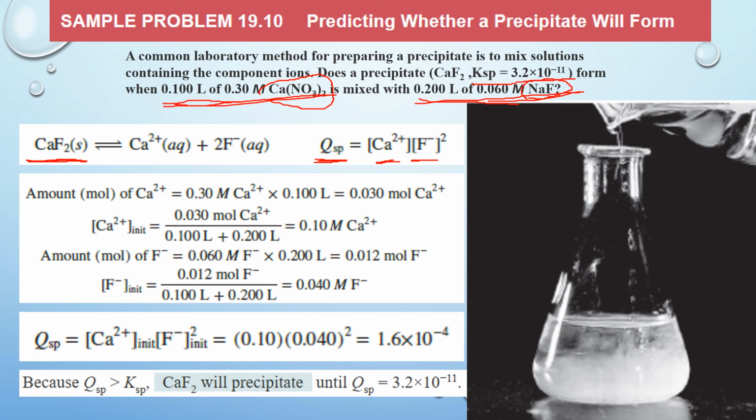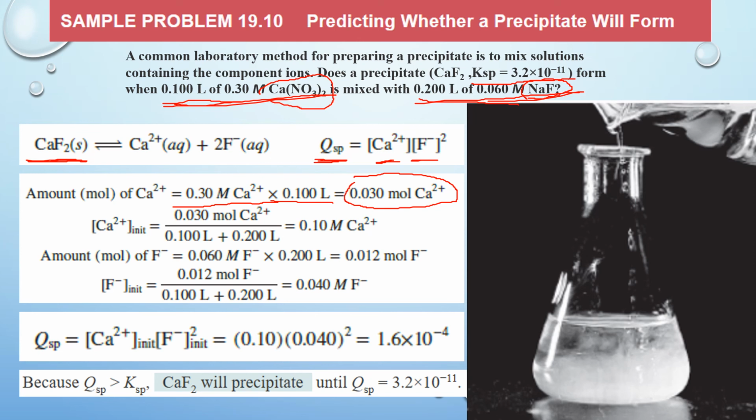For calcium, we add 0.1 liter of 0.3 molar calcium solution, so the number of moles is equal to 0.03 mole. Some of you might ask, why can't we just use 0.3 here directly?